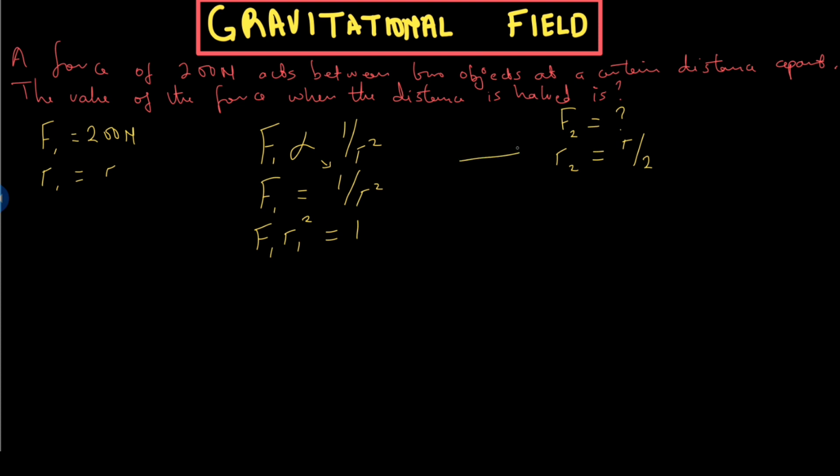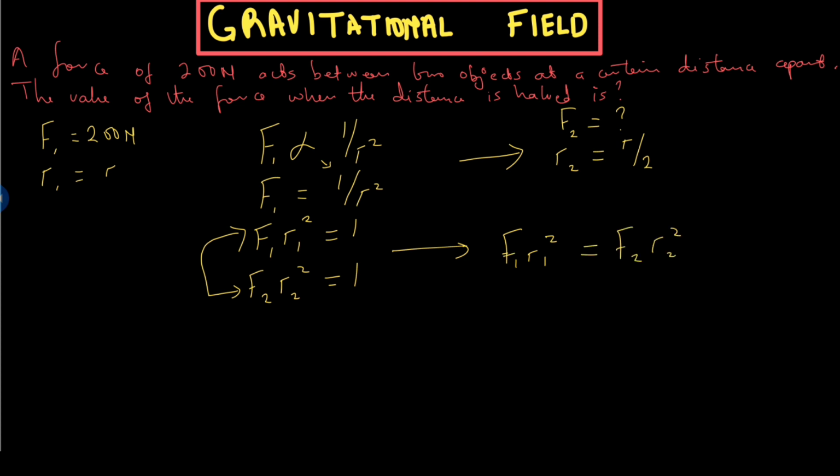We can have the same expression for the second one: F2 R2 squared equals 1. Since these two are equal, F1 R1 squared equals F2 R2 squared.